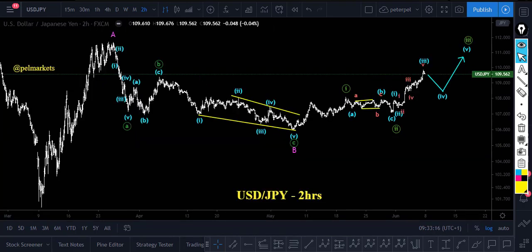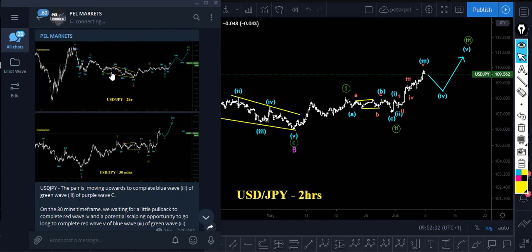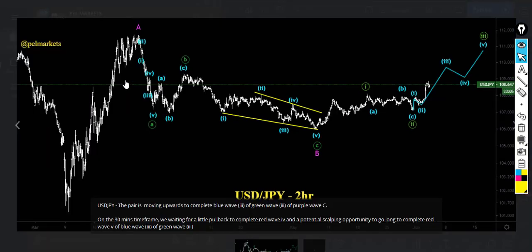I think I posted on June 3rd a forecast on this in our Telegram group, one of our Facebook pages, an analysis of USD Japanese yen, and we were looking that price is going to move higher to complete blue wave 3 before we come down for blue wave 4, and finally we go for the blue wave 5.